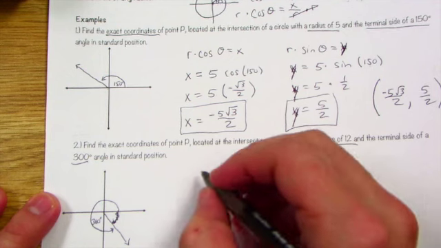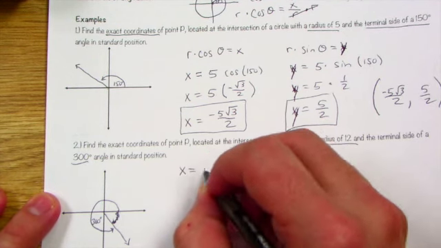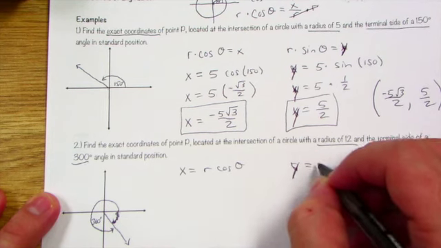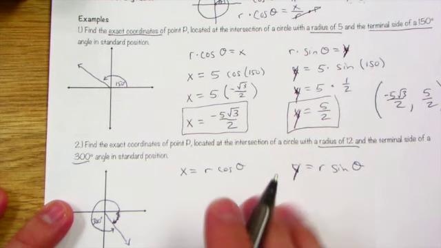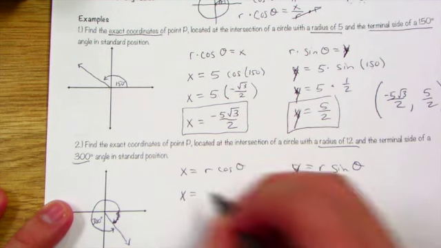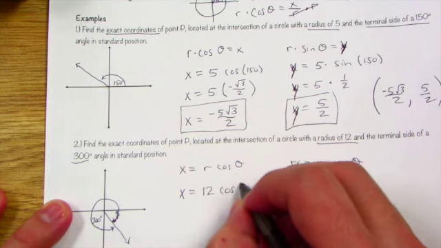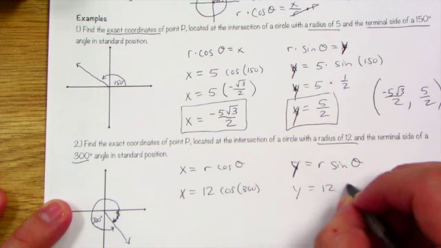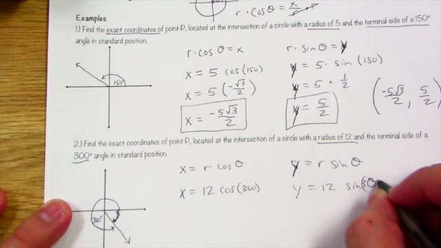So again, the formulas for this are x equals r cosine theta and y equals r sine theta. And we're just going to plug everything in. X equals the radius 12 times cosine of 300 degrees, and y equals 12 sine of 300 degrees.